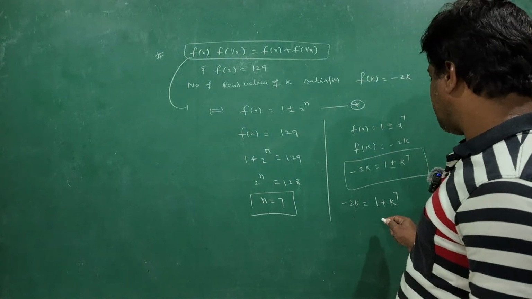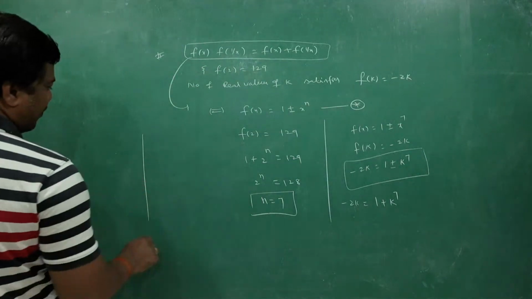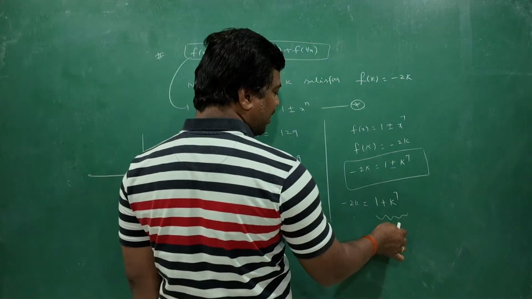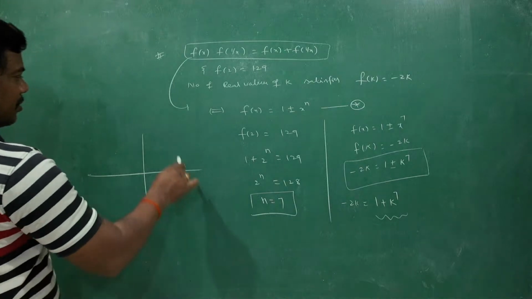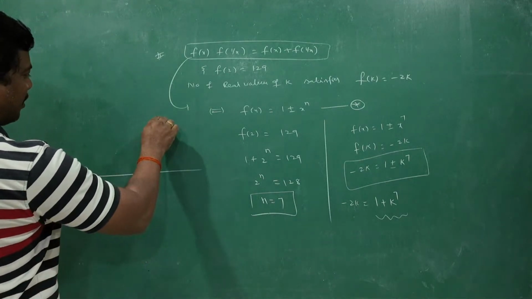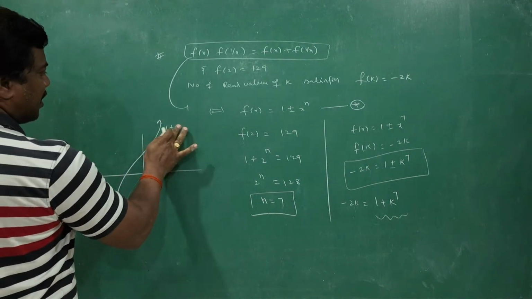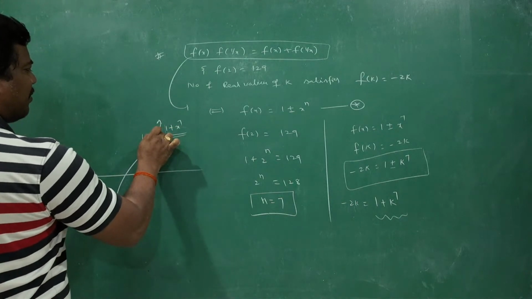I am verifying graphically. The x power 7 graph is like the x power 3 graph, because of the odd power, so you may get it like this, plus 1. This is the graph of y equal to 1 plus x power 7.